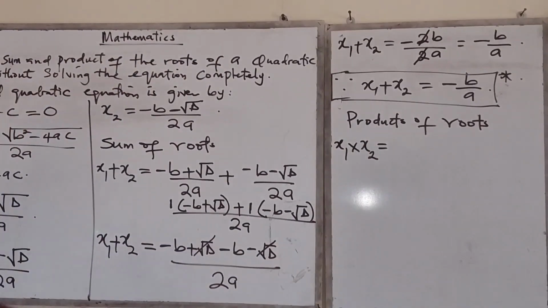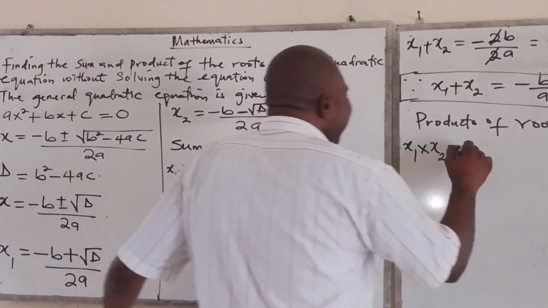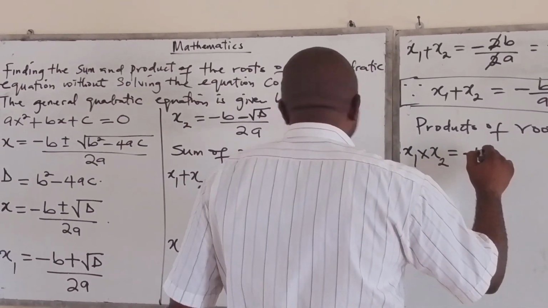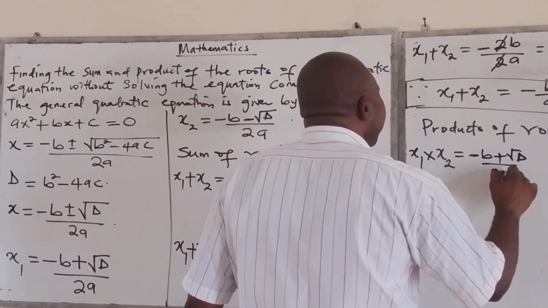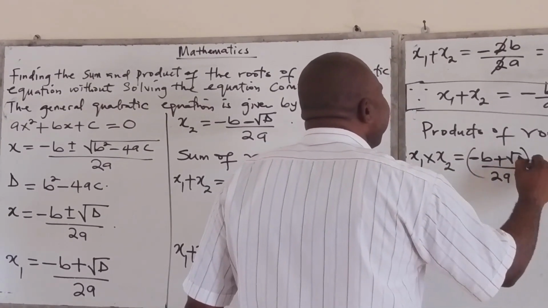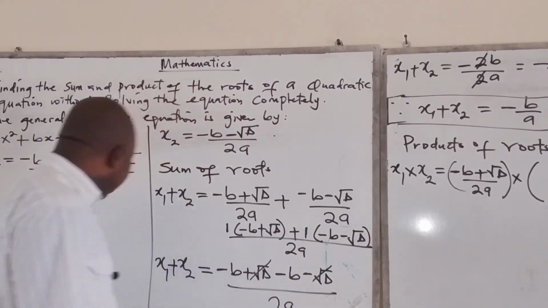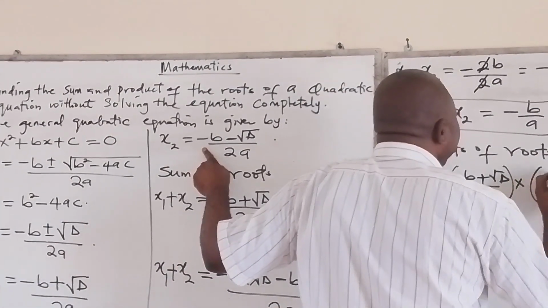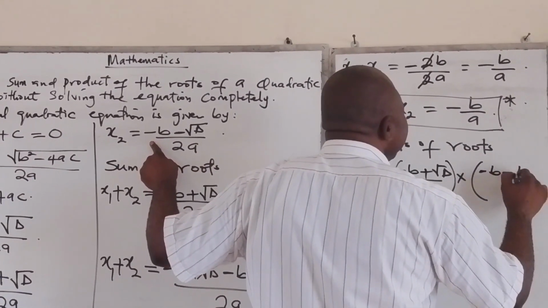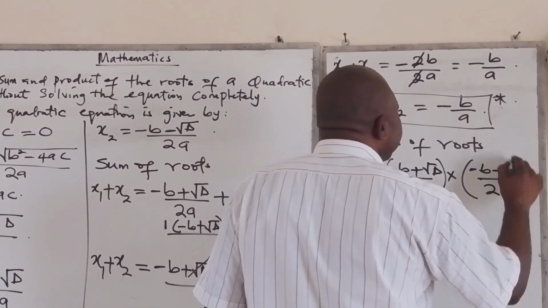The value of our x1 is minus b plus the square root of d all over 2a, times the value of our x2. Our x2 is minus b minus the square root of d all over 2a.